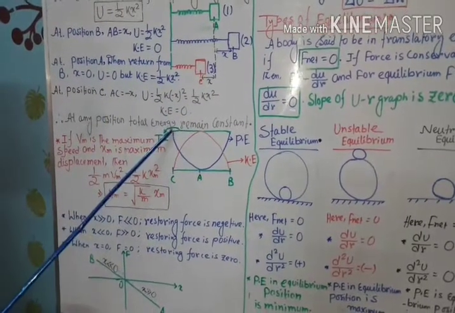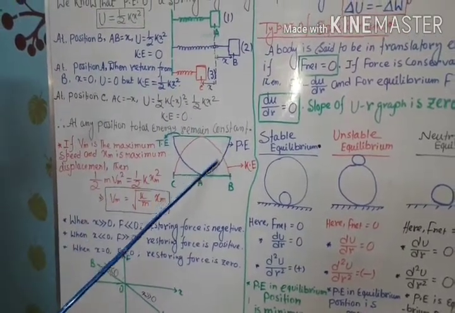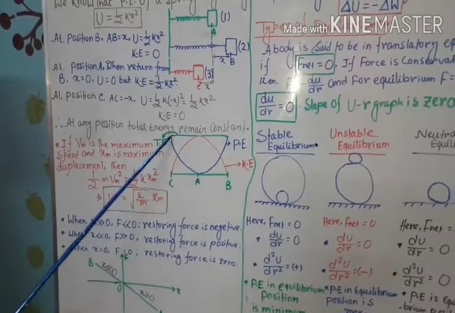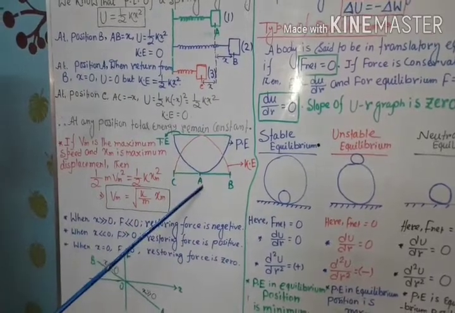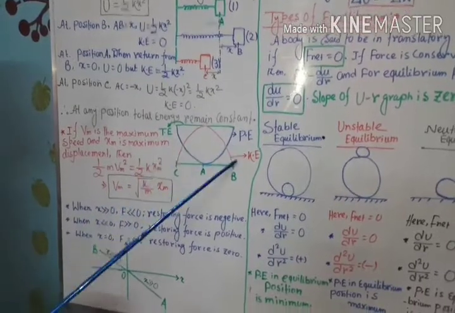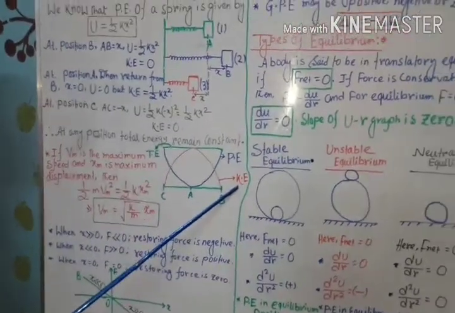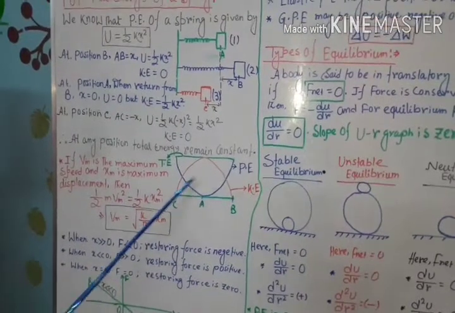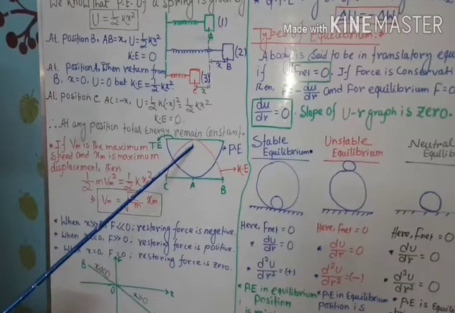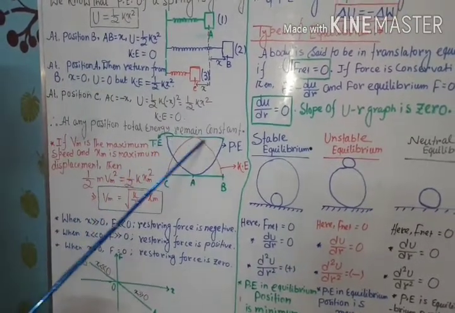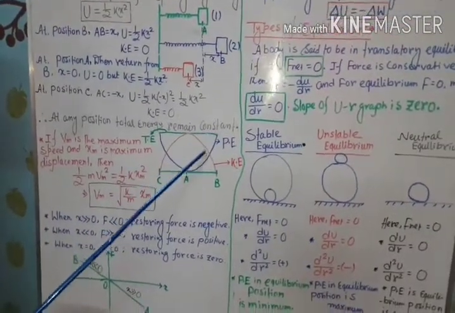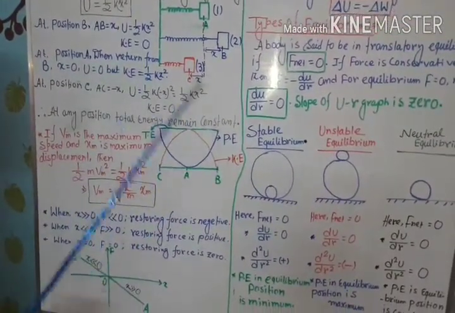That's why the blue graph is for the potential energy, which indicates that at the two extreme positions the potential energy is maximum but at the normal position the potential energy is minimum. The red graph is for the kinetic energy, which indicates that at the two extreme positions the kinetic energy is 0 but at the normal position the kinetic energy is maximum. And the green graph is for the total energy, which is always constant, that's why it is a straight line, which is the sum of kinetic and potential energy.